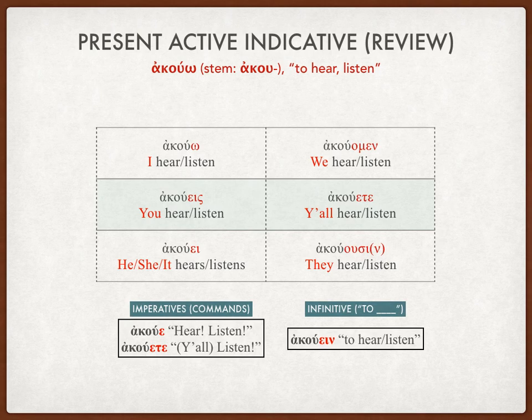For now, just think of the infinitive as a dictionary entry. When you look up a word like to run, to hit, to swim, you'll often see that as the standard entry in an English dictionary for how that verb is translated. So for now, think of the infinitive that way. We'll talk more about infinitives later, but that's how you translate them for the get-go, and we'll explain more a bit later in class.